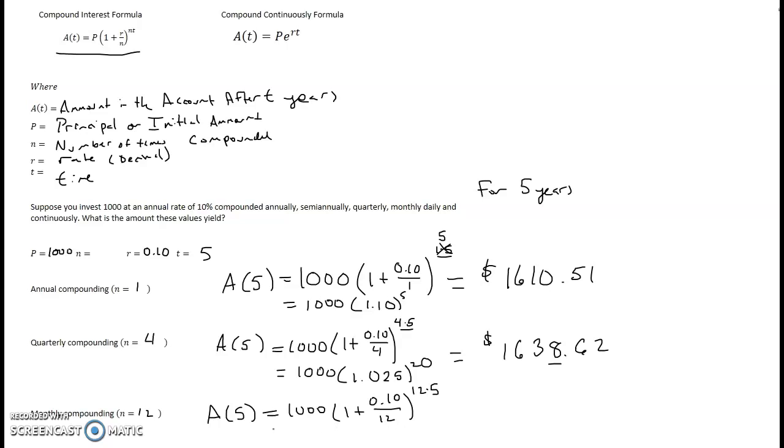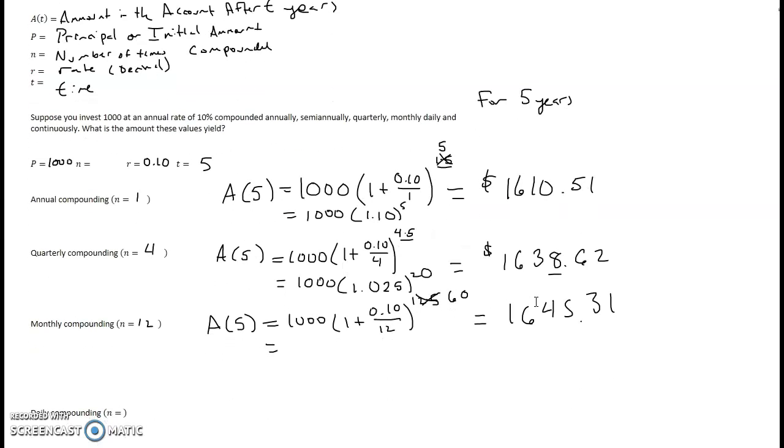At this point, I think I'm probably just going to type this straight in. The one thing we want to be careful of is 12 times 5. I'm going to write that as 60. So 1,000 parentheses 1 plus 0.10 divided by 12, and that's raised to the power of 60. This gives me $1,645.31. Again, picking up a little bit more money if it's compounded monthly.